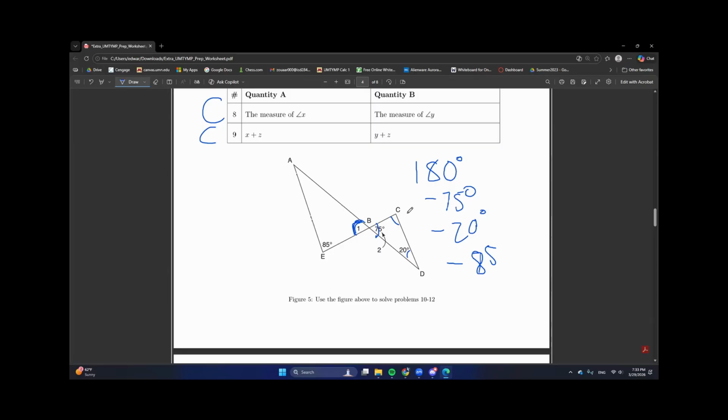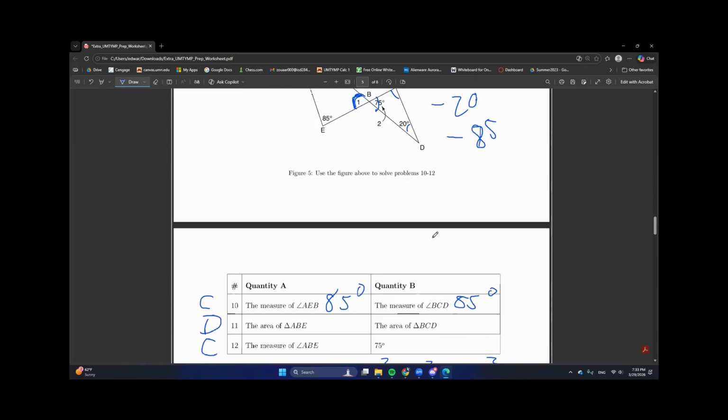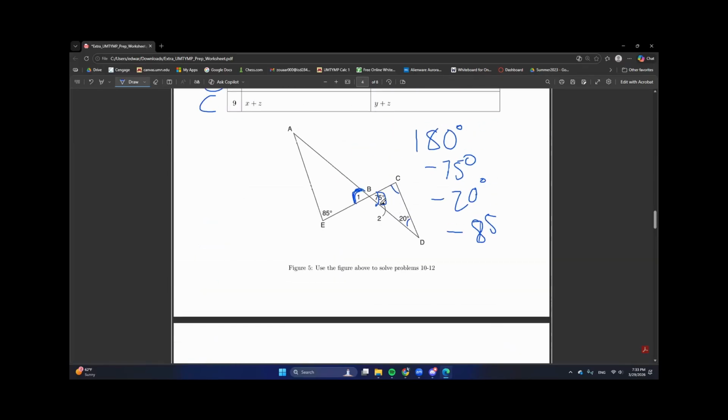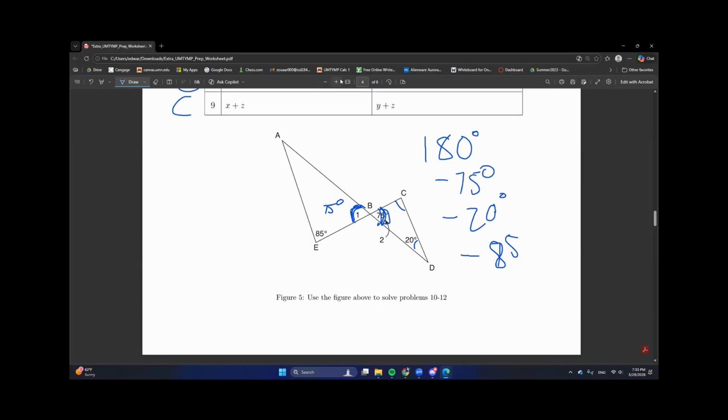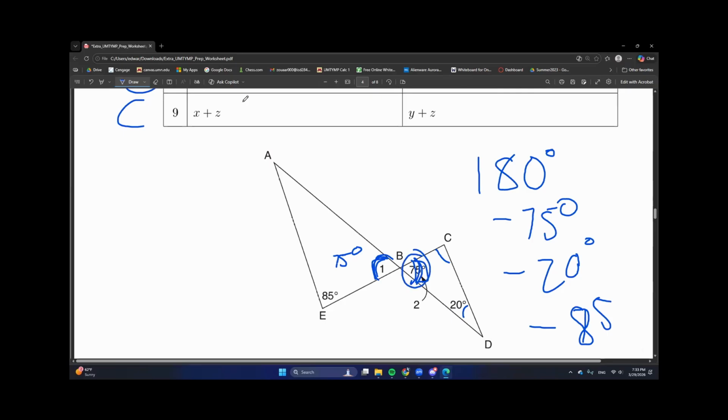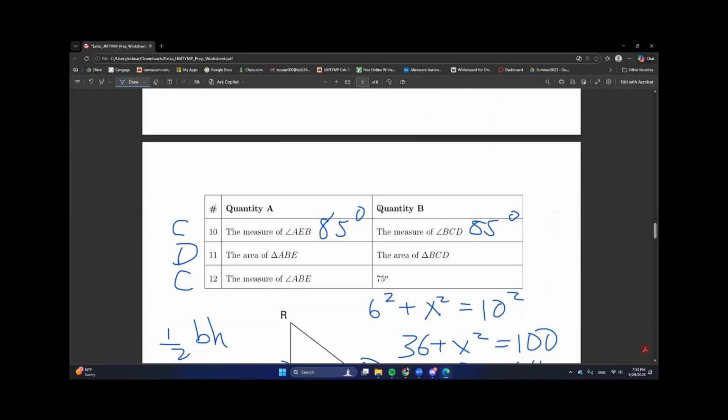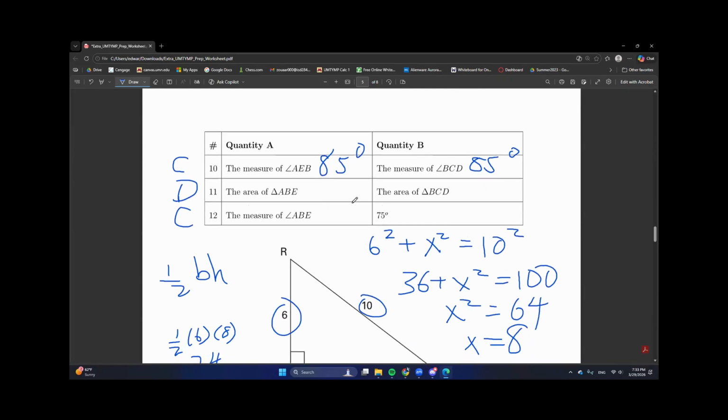If I arc it in 75 degrees, well, we know that angle ABE is 75 degrees because it's a vertical angle with this angle right here, which is also 75 degrees. So do you kind of see that? These two angles are equal because of vertical angles. So that means this is also 75 degrees, which means the answer is C here.